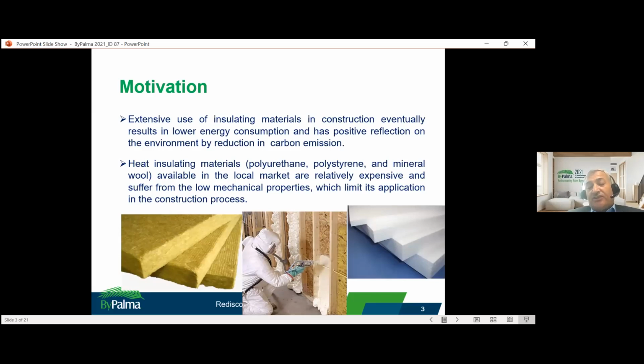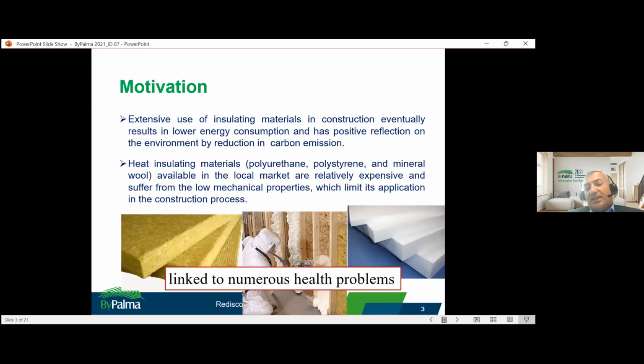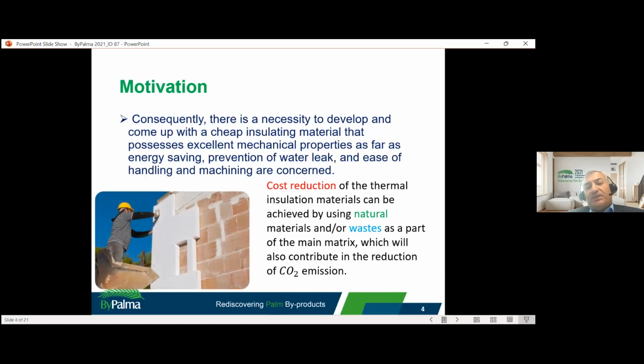In addition, these materials in general suffer from health problems related either to the respiratory system or other health problems. Therefore, we have motivation to produce green, biodegradable thermal insulators based on available natural or waste materials.